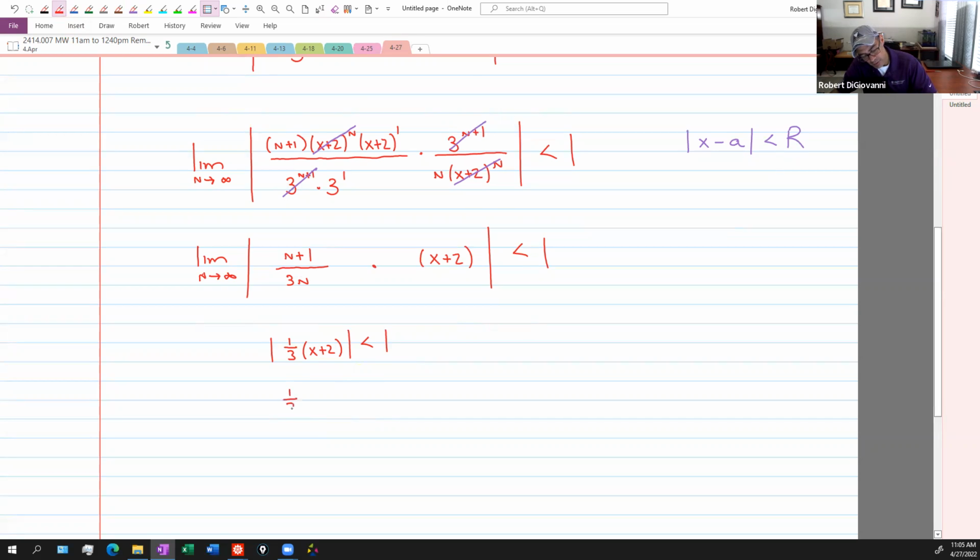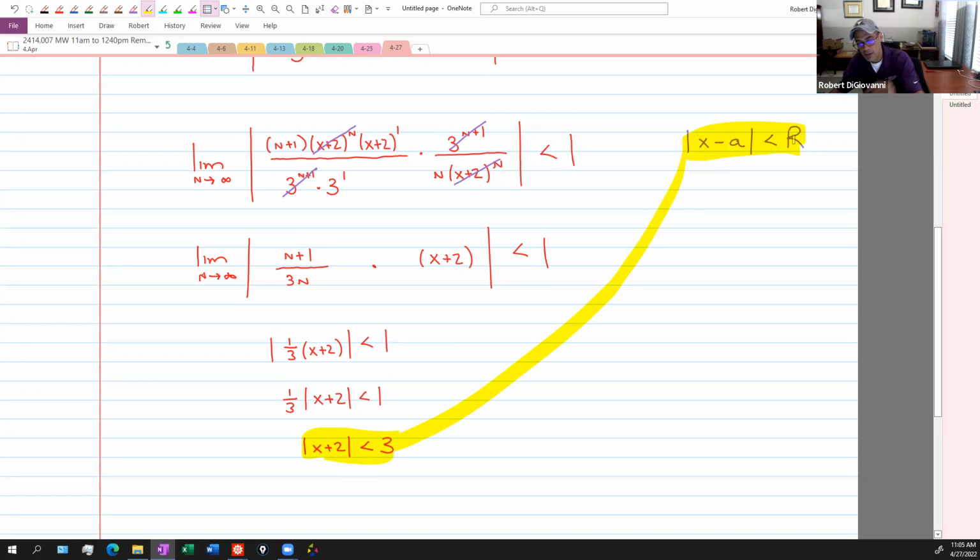So I can take the absolute value of 1/3, that's just 1/3, and then multiply both sides by 3. And so here we have the form that we need that matches this. And so my radius of convergence is 3. So R equals 3. I've answered half of what I'm supposed to answer. The radius of convergence is 3.